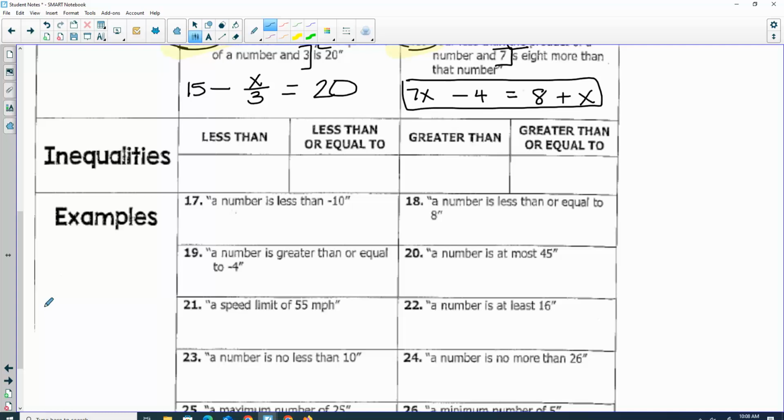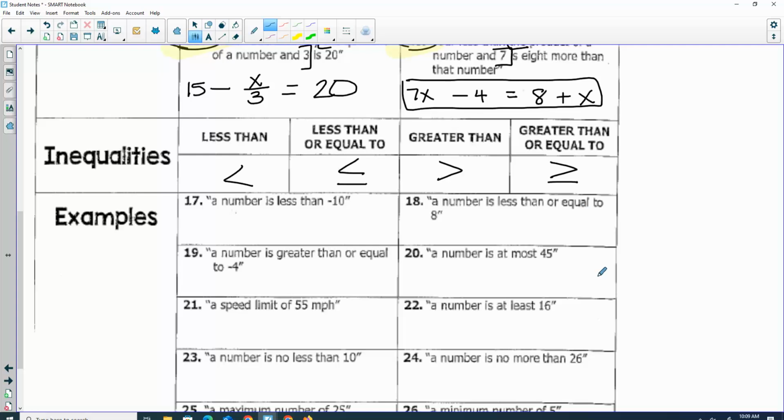Last thing I want to refer to with this is inequalities. Okay, so less than looks like this. Less than or equal to, we should know this because we've solved inequalities. Last week we were working on them. Greater than looks like that. Greater than or equal to.